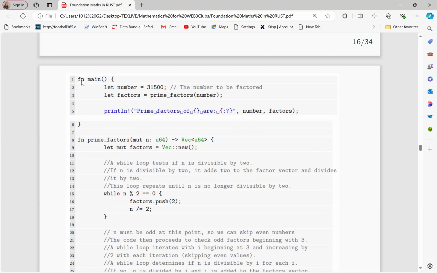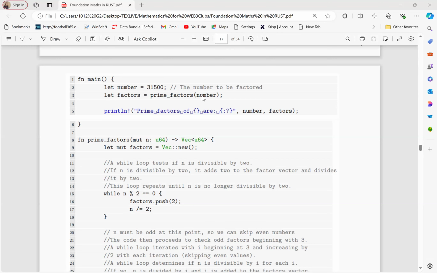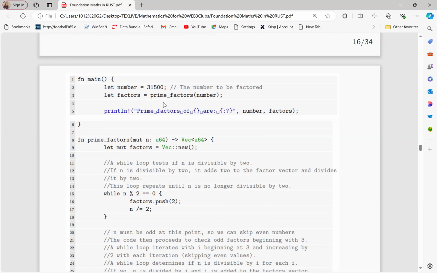Now, this is the beginning of the function. You say let the number be, so you define the number that you want to factor. Then you call the function that will do that. What you'll be inserting will be numbers, and it will give you the prime factors.